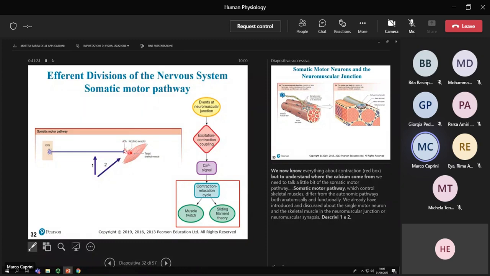And we have already introduced this point and discussed the single motor neuron and the skeletal muscle in the neuromuscular junction. You remember, or neuromuscular synapses.